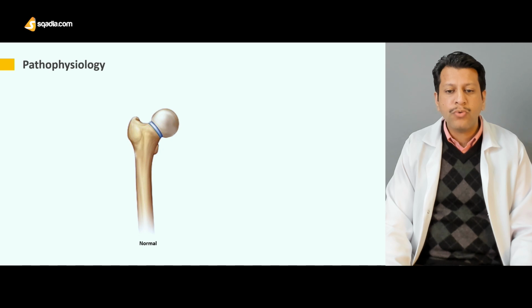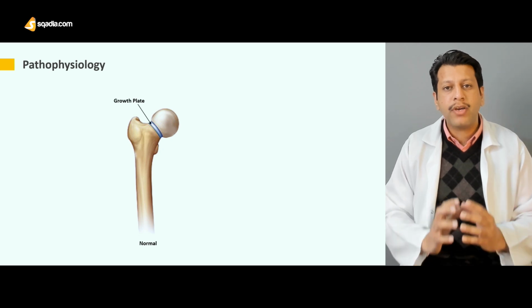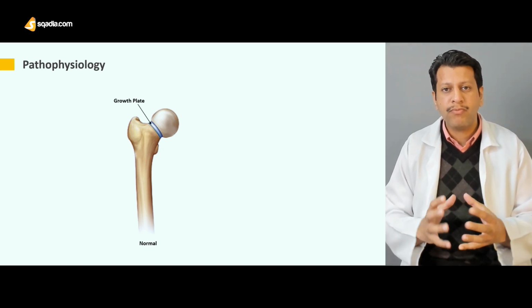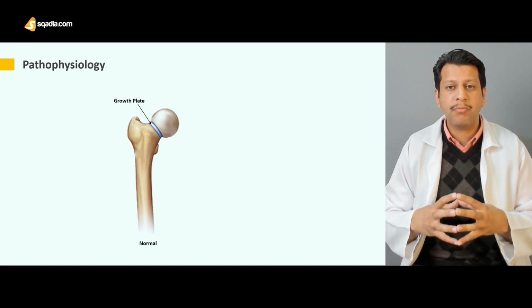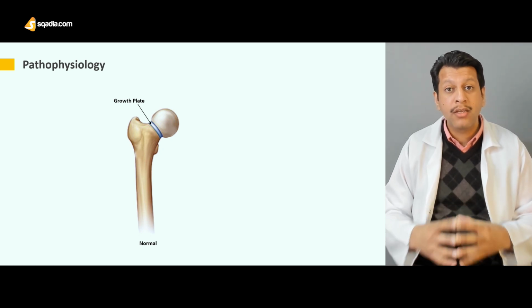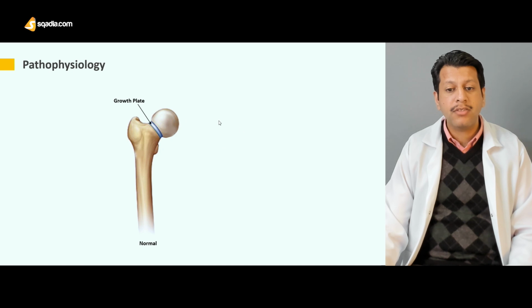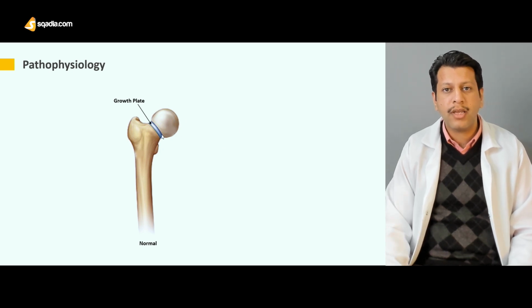Now, as I told you, the pathophysiology is such that it's sort of a misnomer. It's not that the physis has a problem; the physis is lax, the pericondylar ring is weak, the epiphysis stays in place in the acetabular cup, but the metaphysis goes anterior as well as into external rotation.